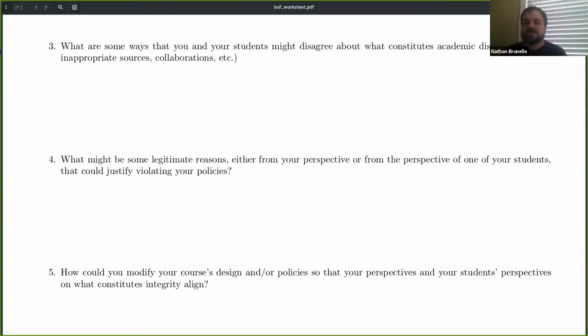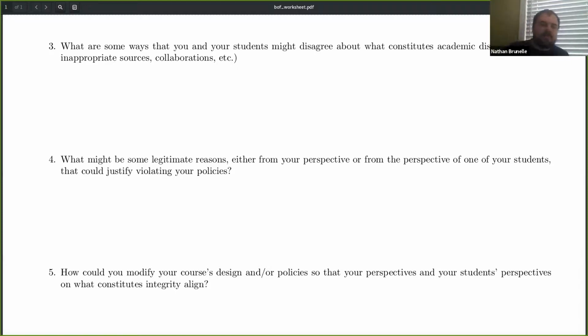So it seems maybe artificial to those students. So when you look at the things that your students might be doing that you would consider violations, see if you can figure out some good reasons why a student might disagree about whether or not that should have been permitted.